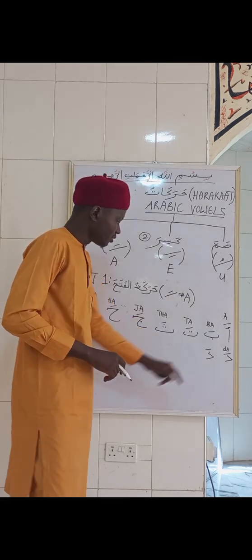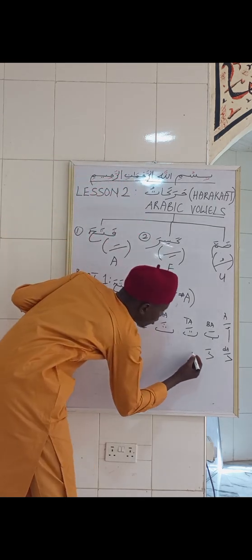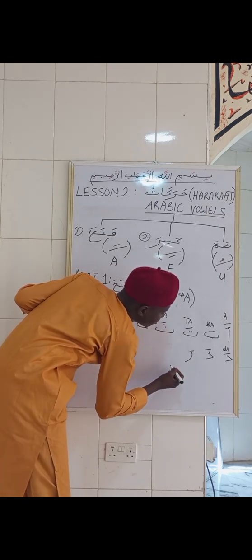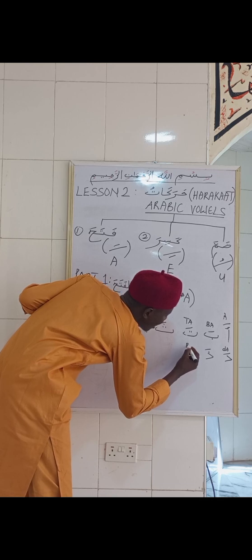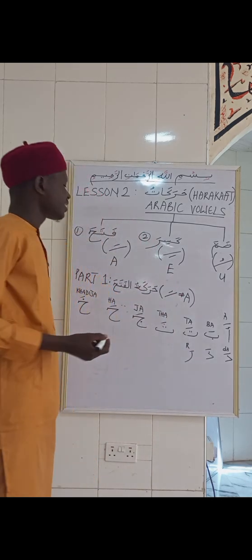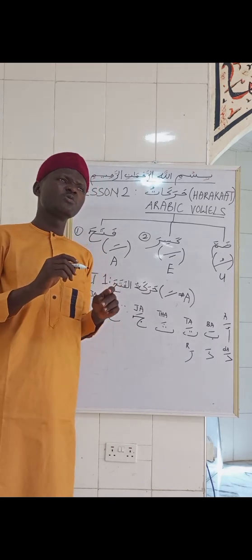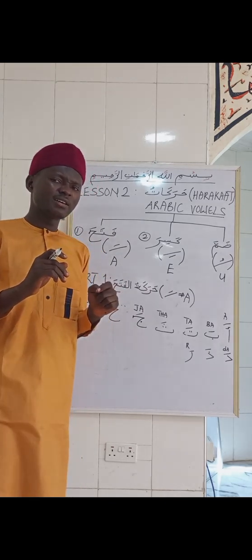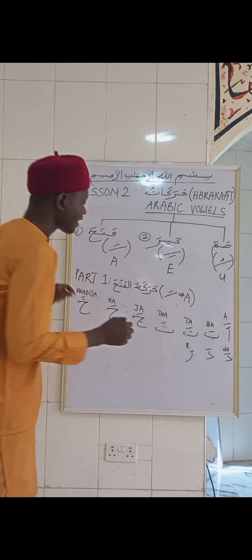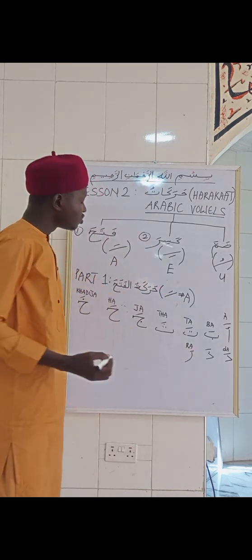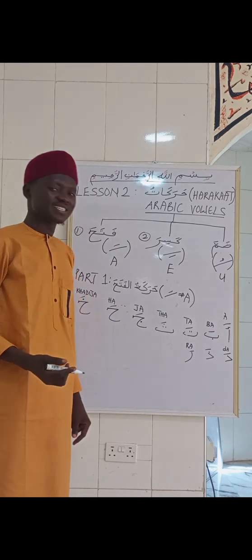So the next one is raw. Letter R is what? I said you could use R, but the truth is that raw does not fully depict R. Because if you attach the fatha now, it is not Ra, though some people you hear saying raw fatha Ra.